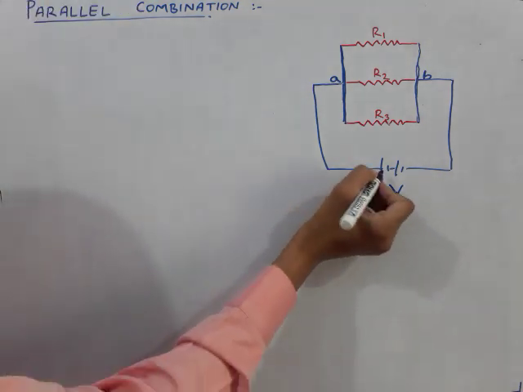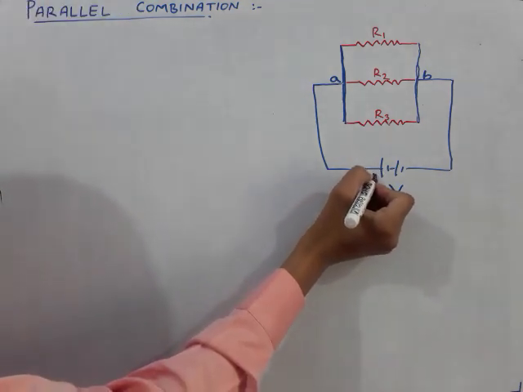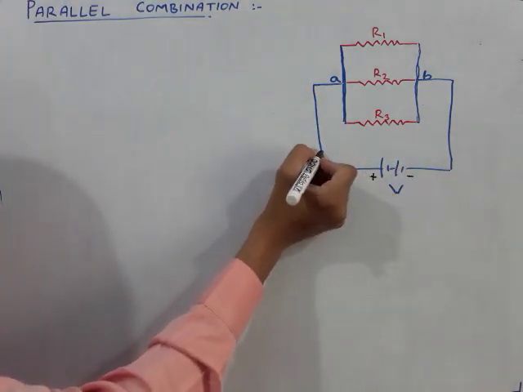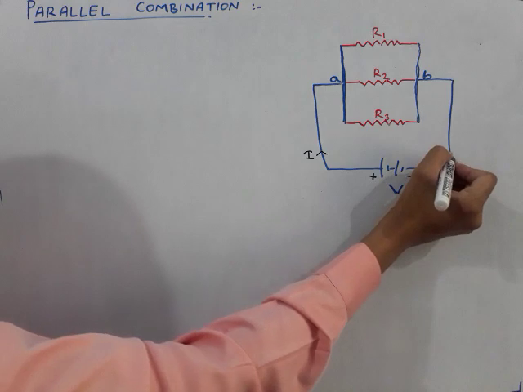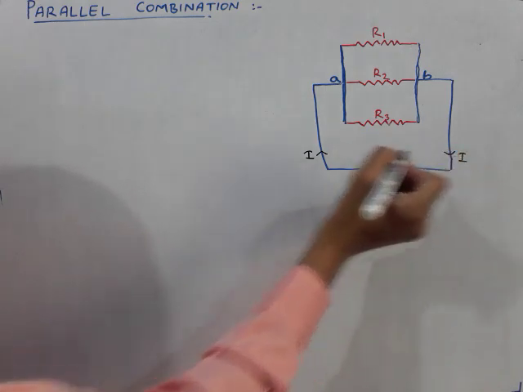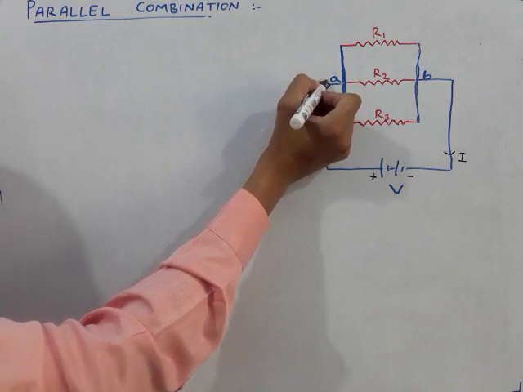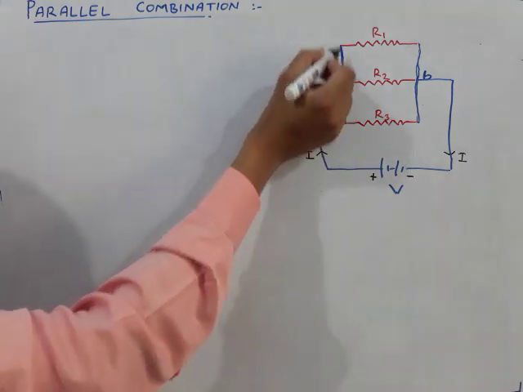As I've told earlier, this battery terminal is positive and this one is negative. This will send some current, let that current be I, and it will receive the same amount of current, that is I. This current I will flow till this point A, and then it has a choice.